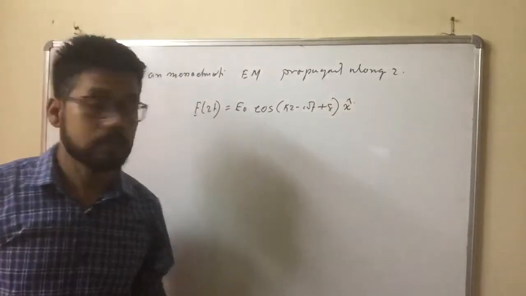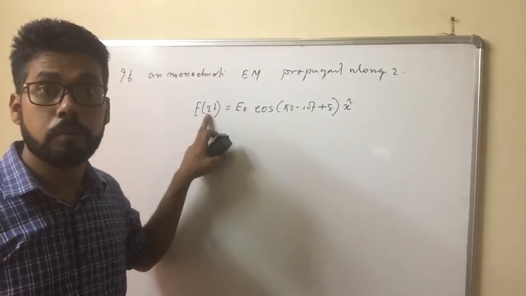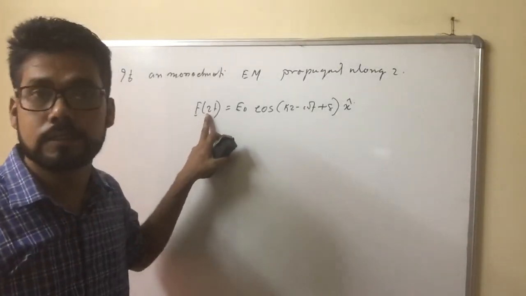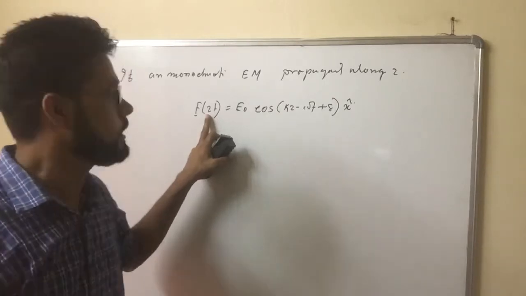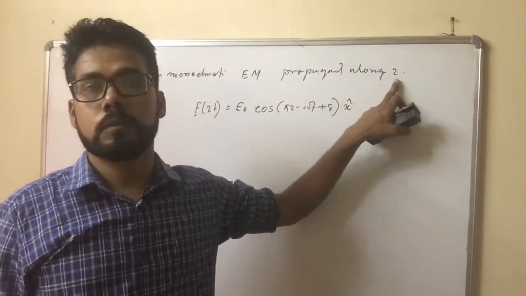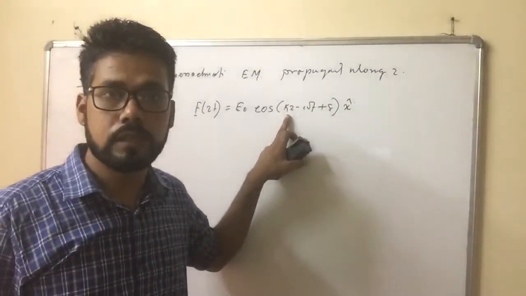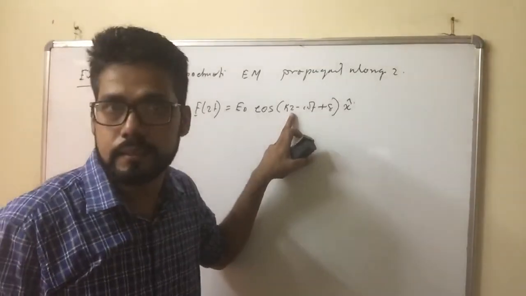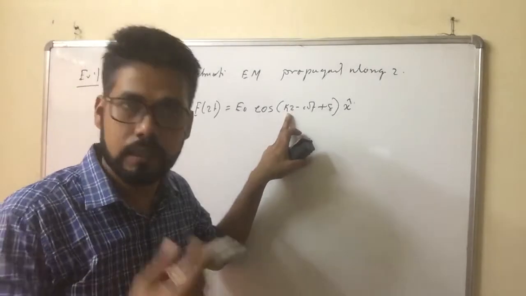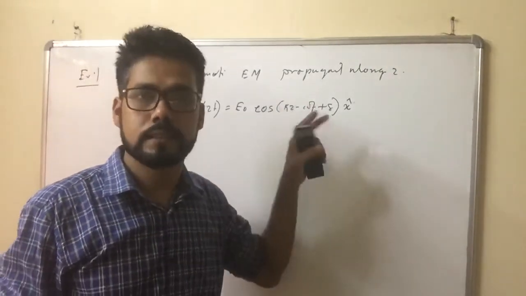Do not get confused. This z means the electromagnetic wave is propagating along the z direction; it is not the direction of the electric field. Remember, when the wave propagates along the z-axis, the wave vector, which defines the propagation direction, is associated with z. If k is associated with x, the wave propagates along the x-axis; if with y, then along the y-axis.